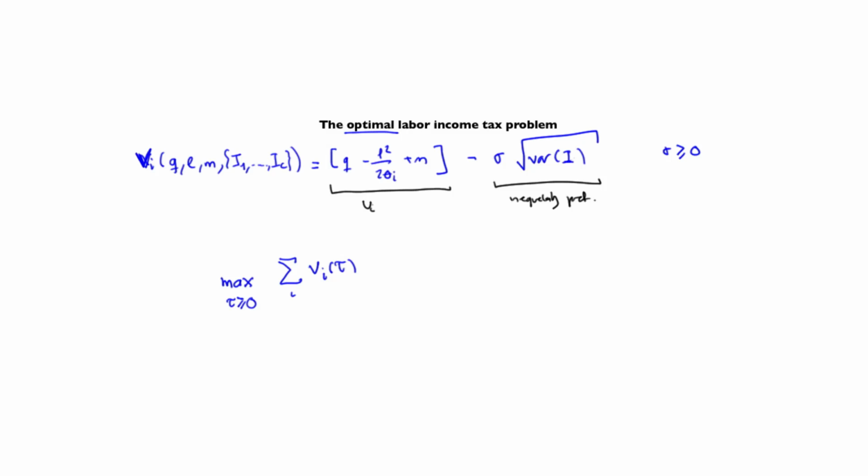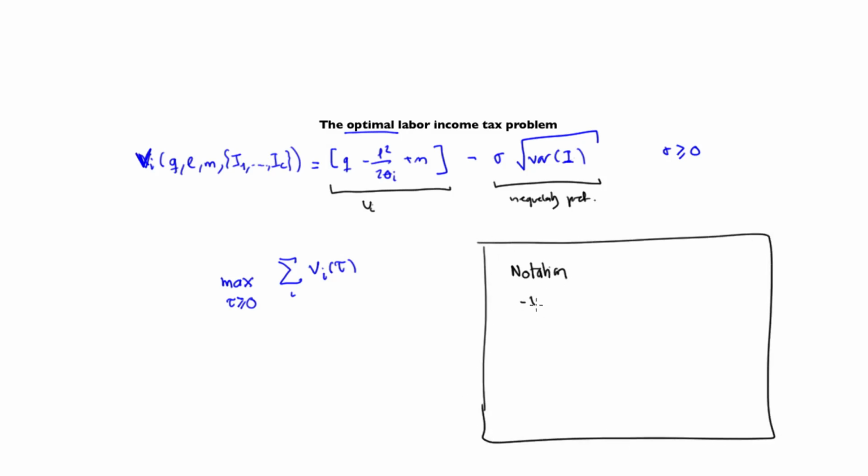Now, in this problem, notation can get unwieldy very quickly. So to keep things simple, I'm going to use the following notation that I'm going to write here in a box. U_i of tau and B_i of tau are just the utilities as a function of the tax. We know the function is the one that we derived in the previous video. I'm going to write by n_theta the number of consumers with type theta.